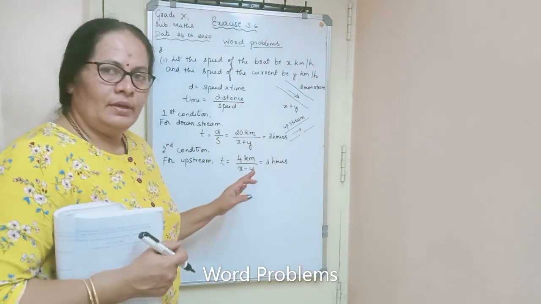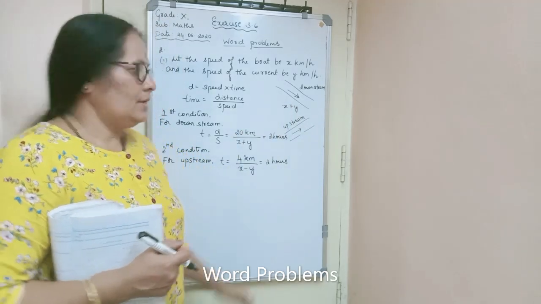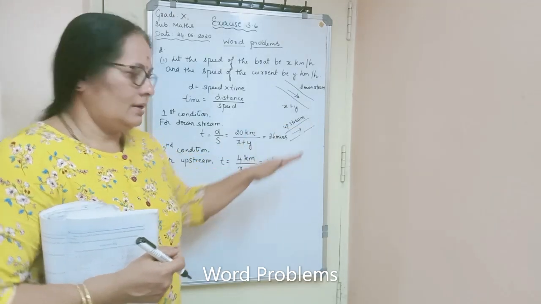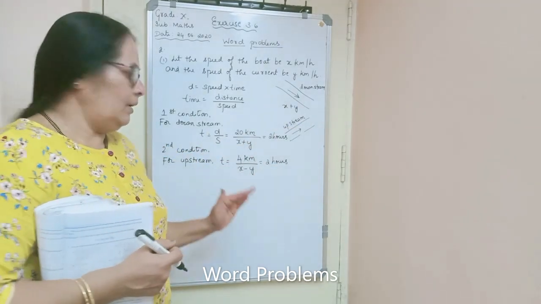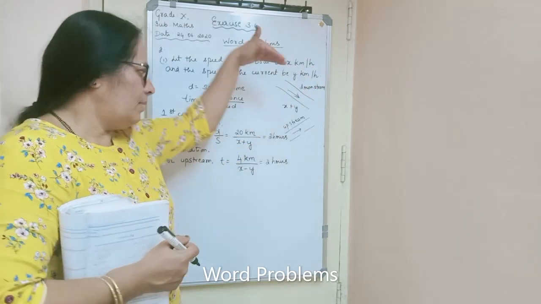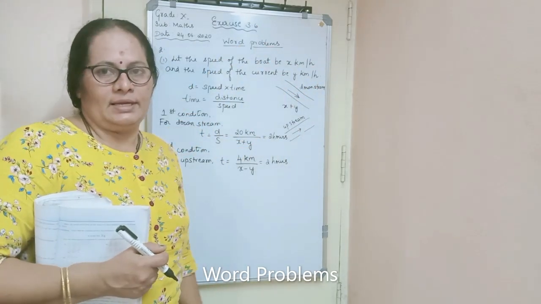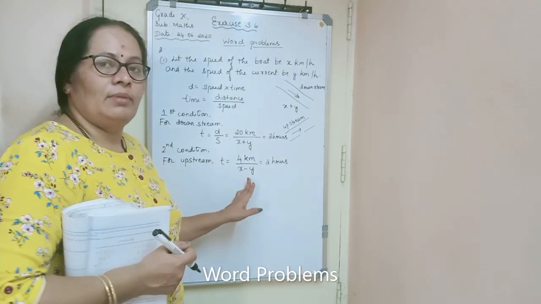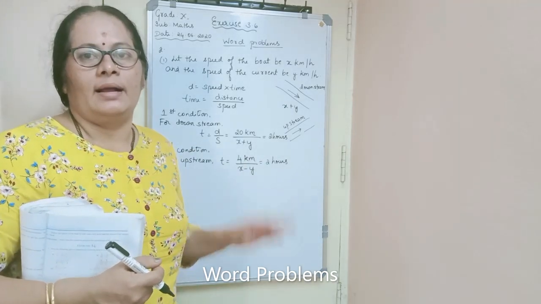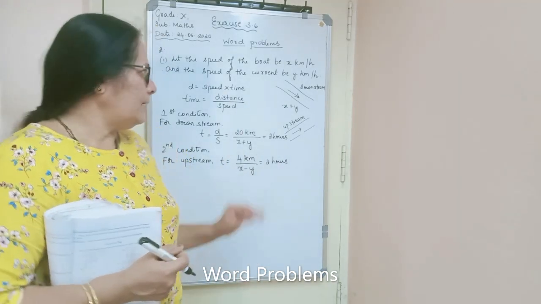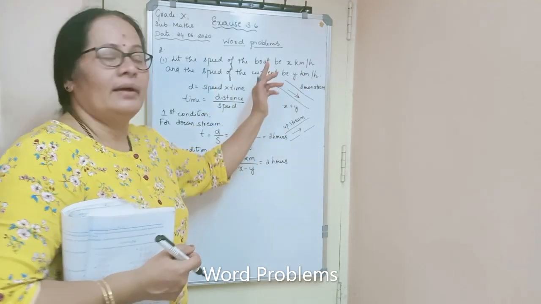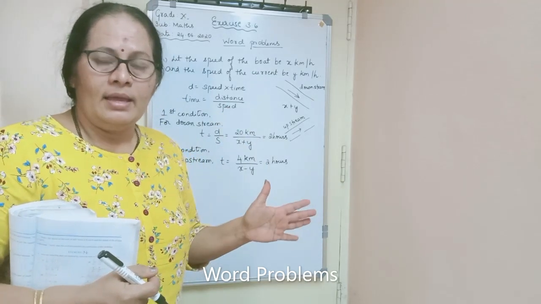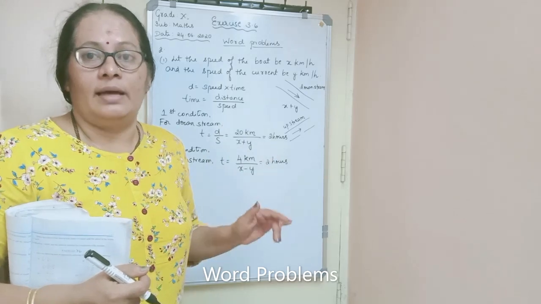During downstream, both the speeds are positive, the boat is flowing along with the water. But upstream, the boat is moving in one direction and the water is flowing in the opposite direction, so the speed of the water is negative, x minus y. For all sums like upstream and downstream, if the speed of the boat is x and the speed of the current is taken as y, then downstream is x plus y, and upstream is x minus y.